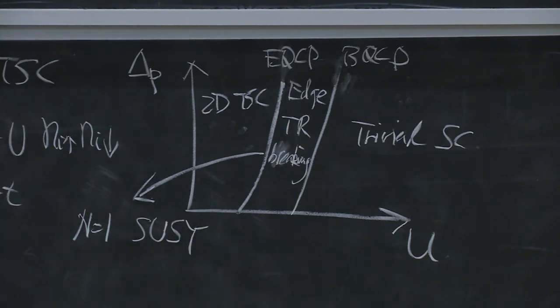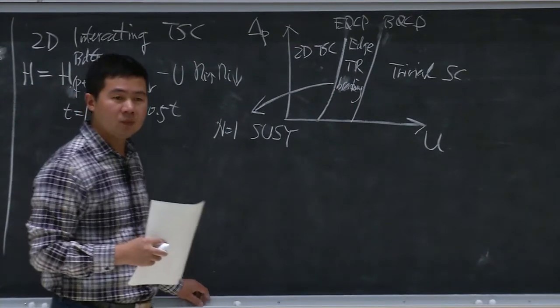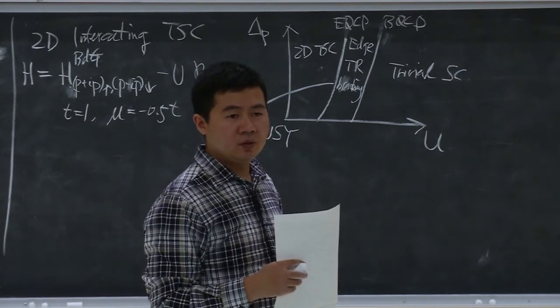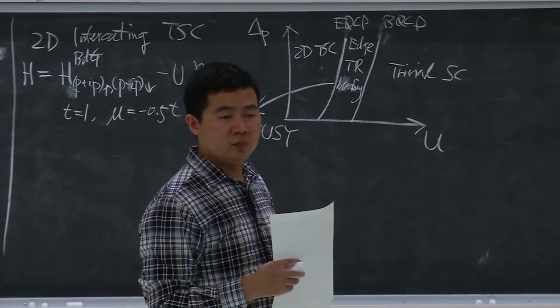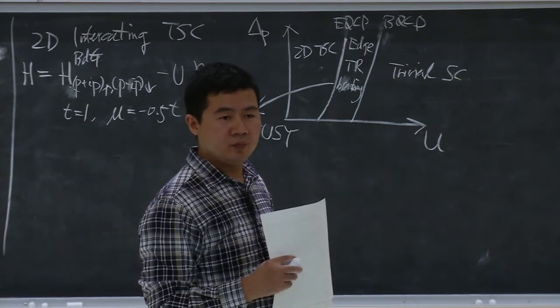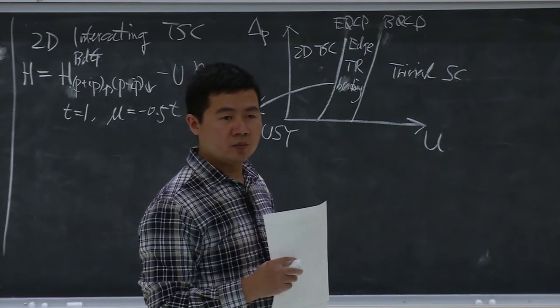Usually you have just one quantity to determine superconductivity, like the pairing operator. How do you differentiate the 2D topological superconductor from the trivial superconductor, just by looking at the pairing operator?